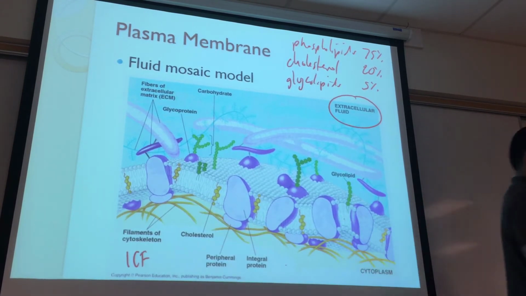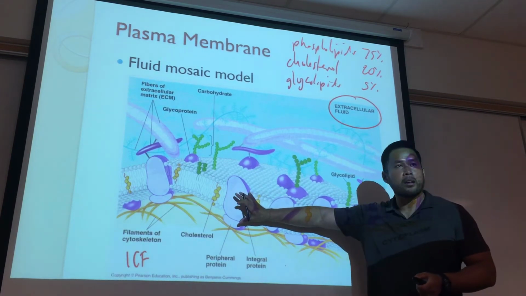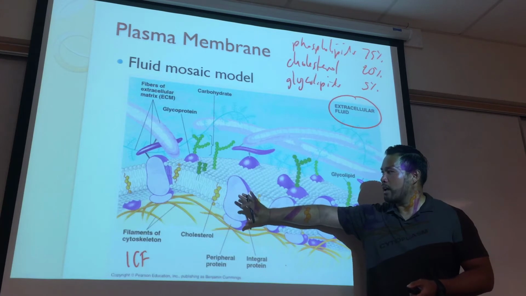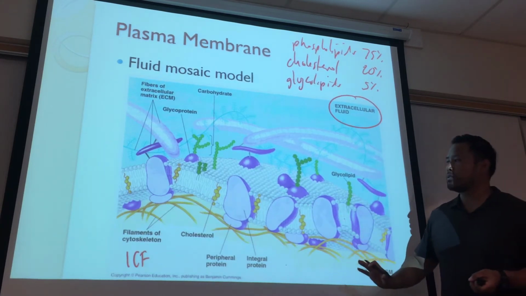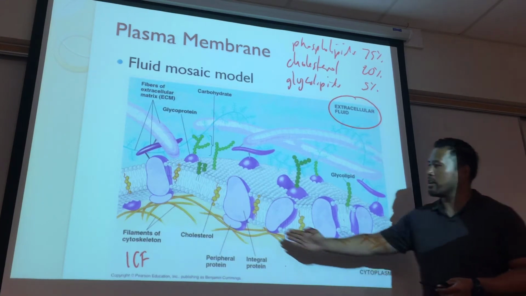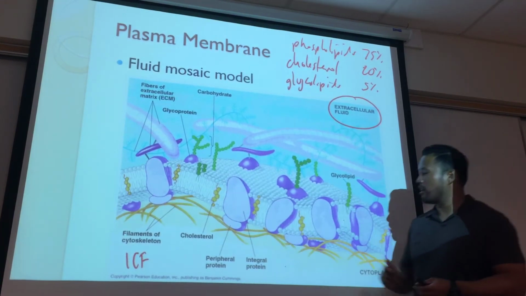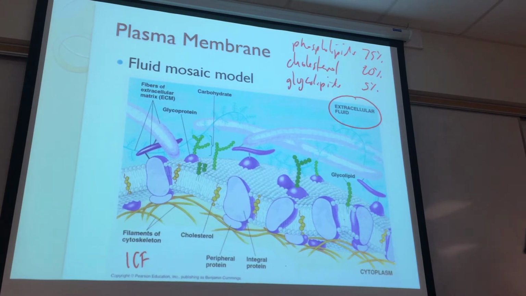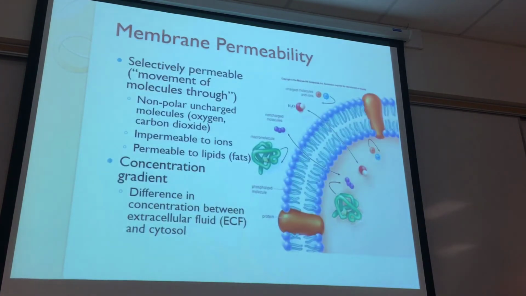We'll talk about these proteins, but you can sort of estimate what the function of that protein is based on the location. By looking at whether the protein spans across or is embedded on one side, you can pretty much know what it might be able to do. We'll talk about those in just a little bit.